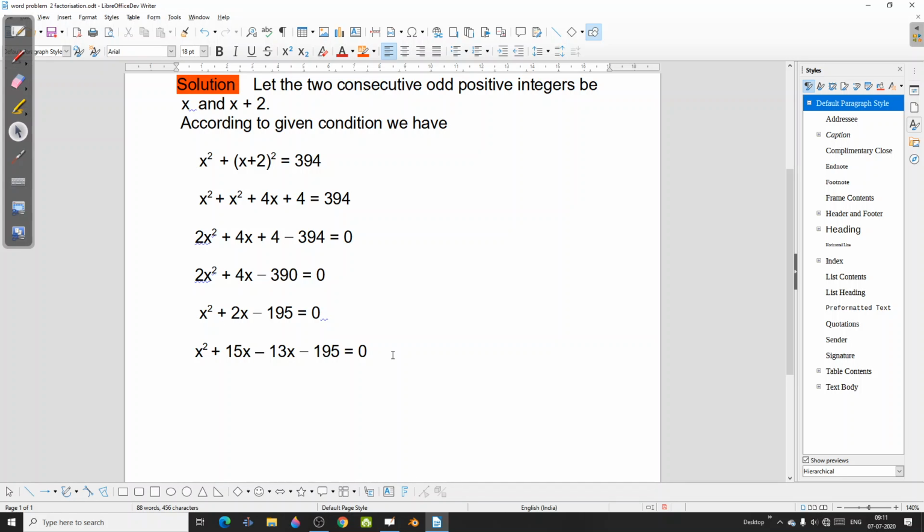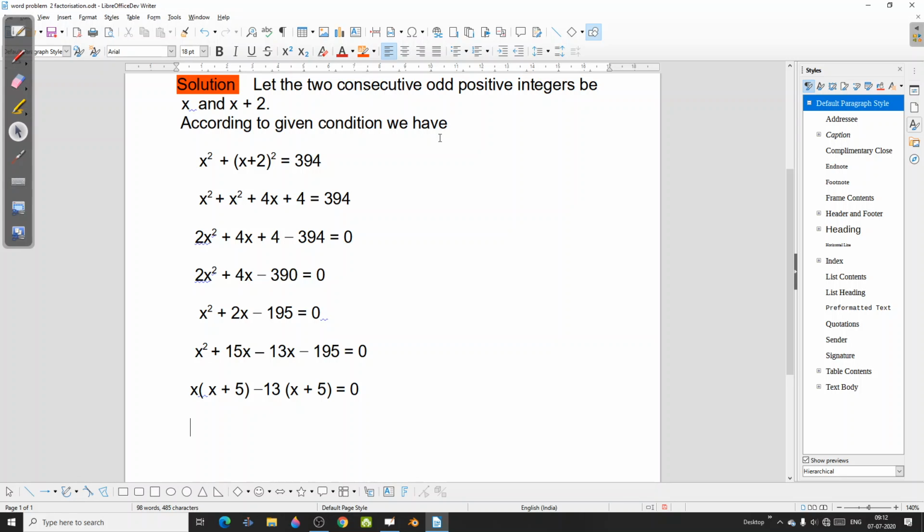In the next step we will take common from the first two terms. From the first two terms we can see that x is common. Taking x common, remaining will be x plus 15. Now from the third and fourth term we will take minus 13 common, minus 13 into x plus 15 equal to 0.